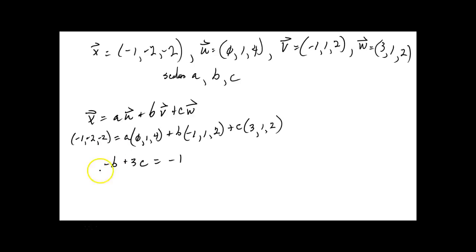You give me the next line. A plus B plus C equal -2. And give me the third line. 4A plus 2B plus 2C is equal to -2.